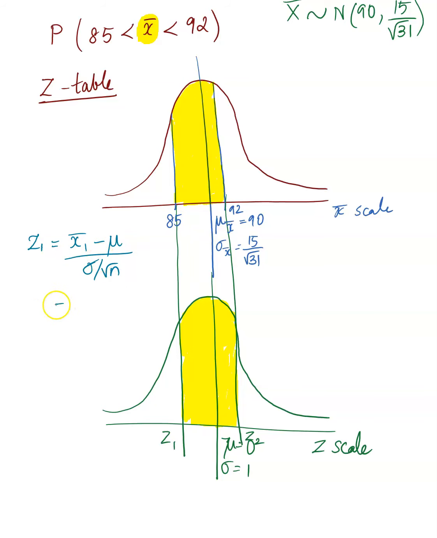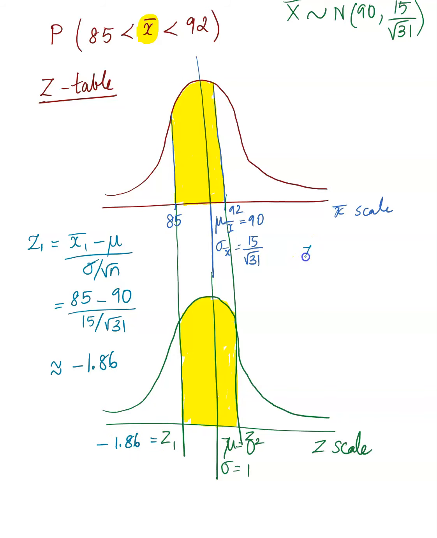That over root n is what makes the change from a regular normal distribution to a CLT situation. A CLT works only for sample means, right? For samples. We just saw the example about a sample mean, so we have to use the CLT, which involves sigma over root n. So that's going to be 85 minus 90 over 15 over root 31, which is 1.86. So my Z1 is negative 1.86.